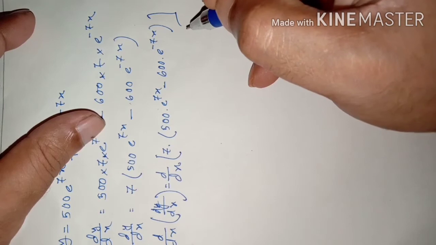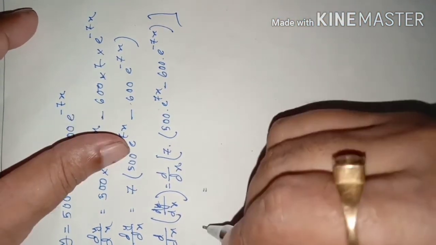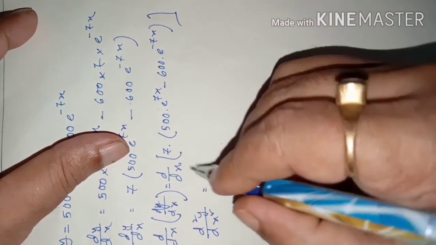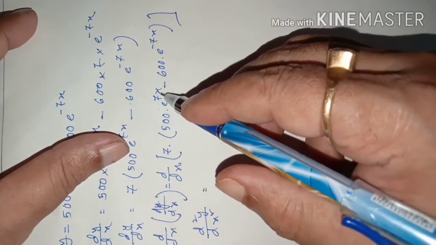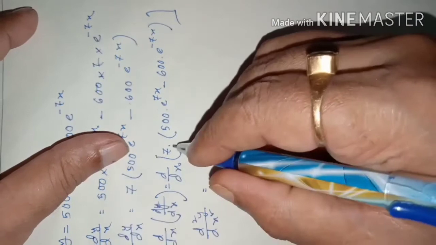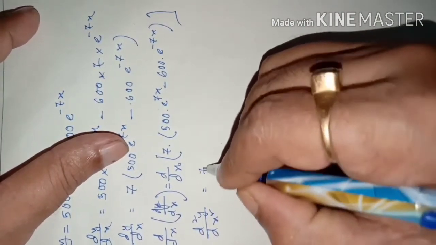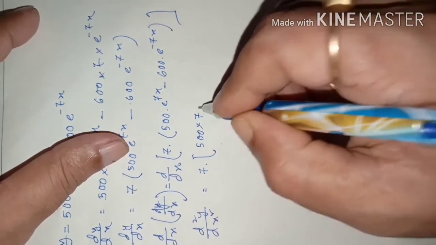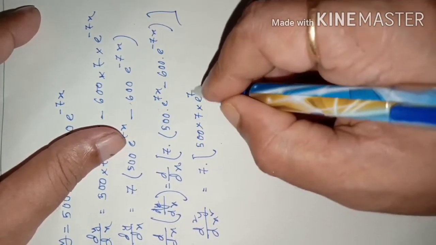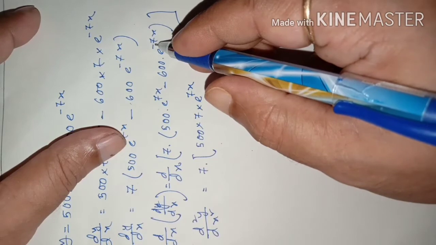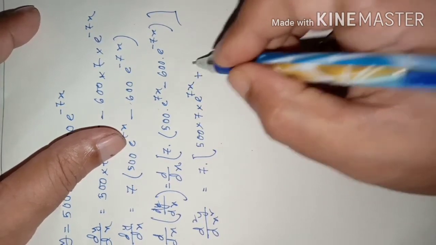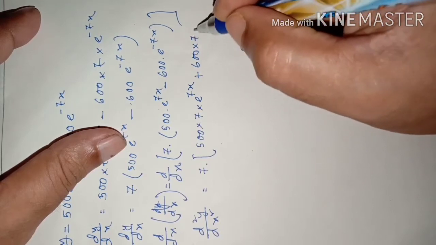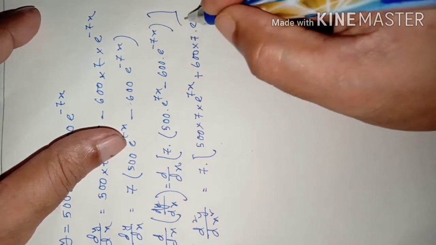Okay, then d2y by dx square is equal to d by dx of this: e to the power of 7x gives 7 into, so it will be like this, 7 is here, and here will be 500 into 7 into e to the power of 7x. Then this minus 7 will come here, so it will be plus 600 into 7, so into e to the power of minus 7x.